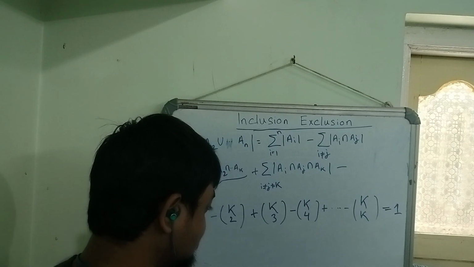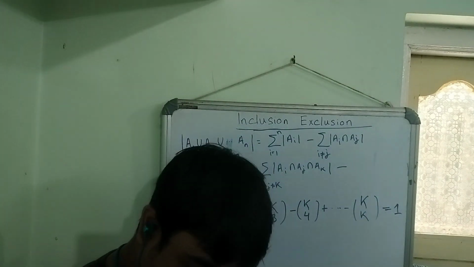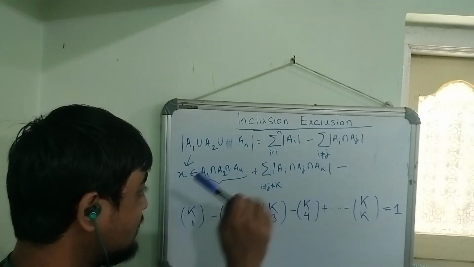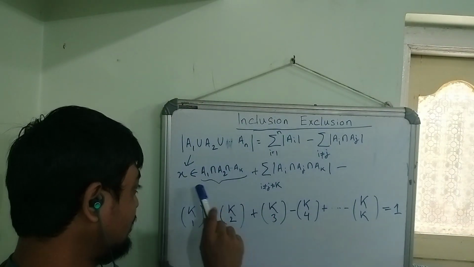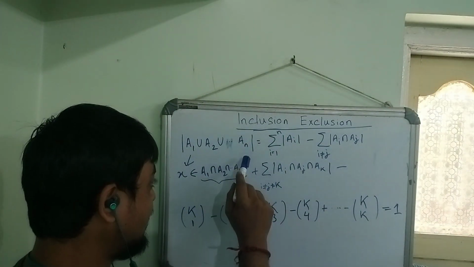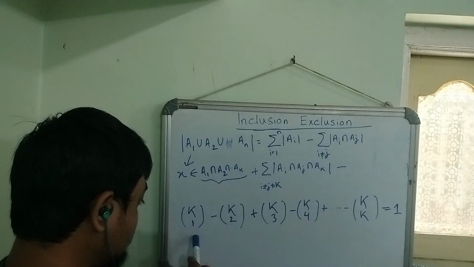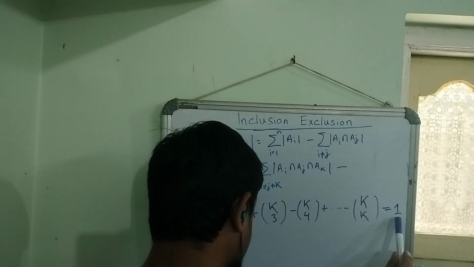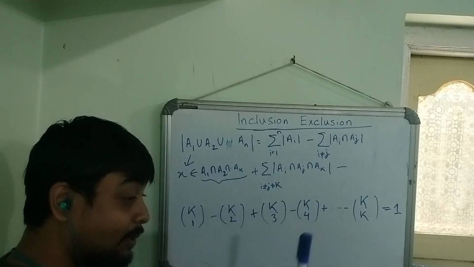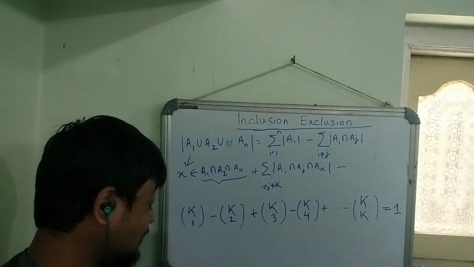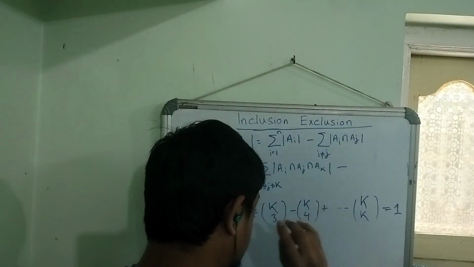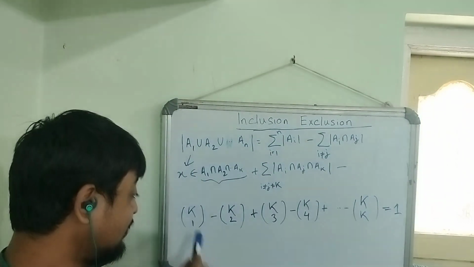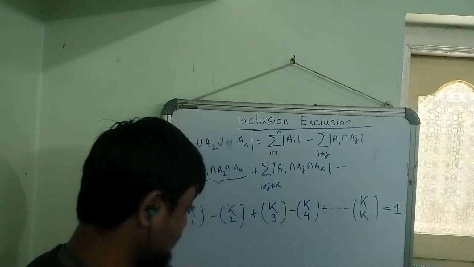So let's prove it now. We just said that any arbitrary element x which belongs to some k of those ai's will be counted this many times, and according to the inclusion exclusion principle, this is 1. Remember, k is any arbitrary natural number. So the principle is saying that this is an identity.